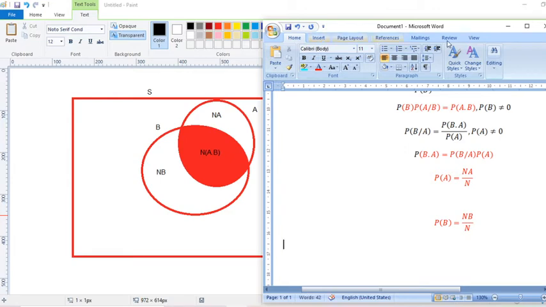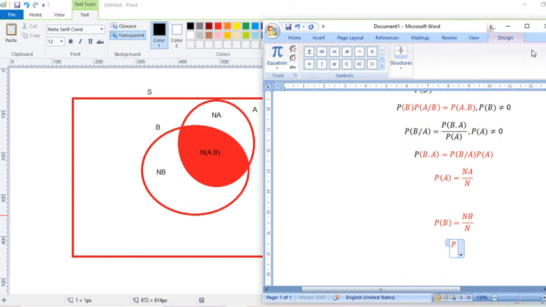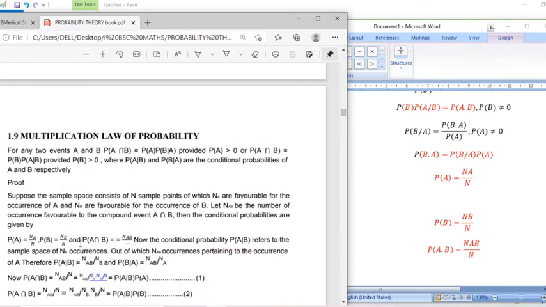That will be probability of A intersection B equal to NAB by N. That means the number of favorable cases corresponding to the joint event A intersection B divided by the total number of cases. So you can see that you have represented probability of A, probability of B, and probability of A intersection B.